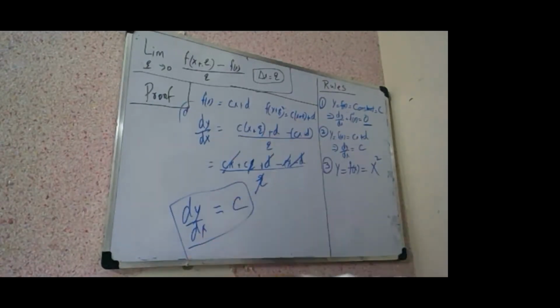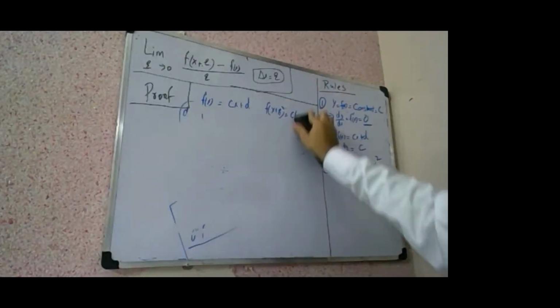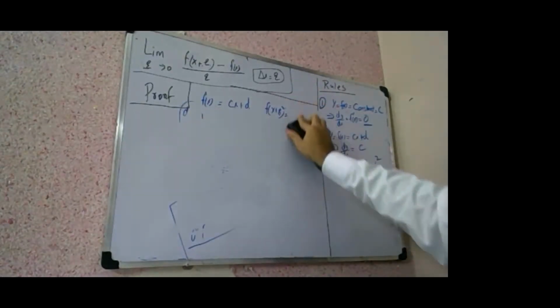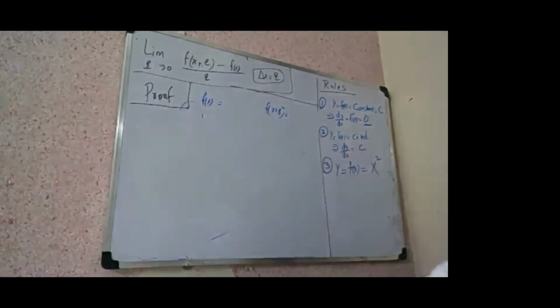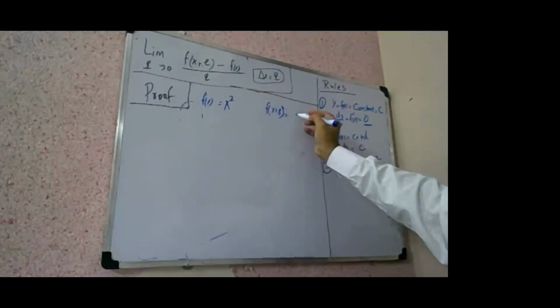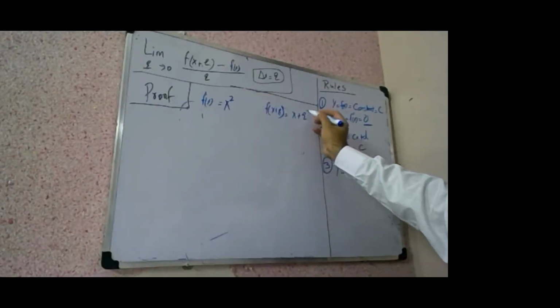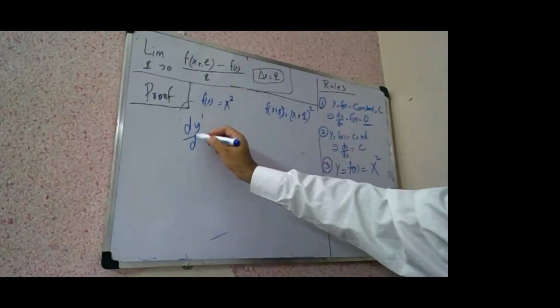So this you noted down. I'm just going to remove this one. So if f of x is x square, then f of x plus epsilon will be x plus epsilon square. So just put the theorem, dy by dx.